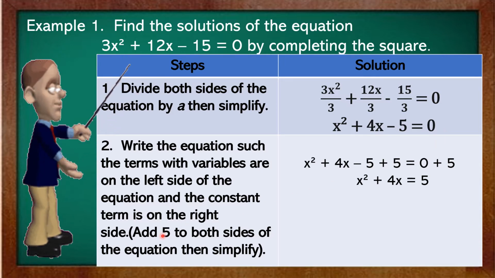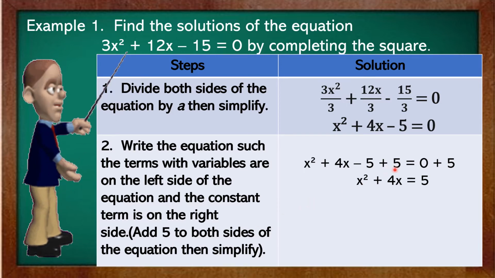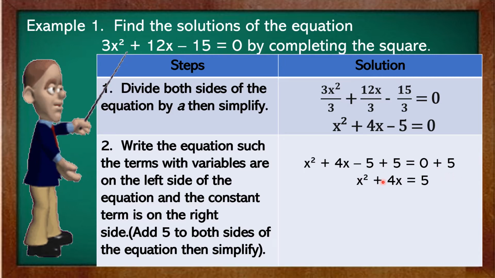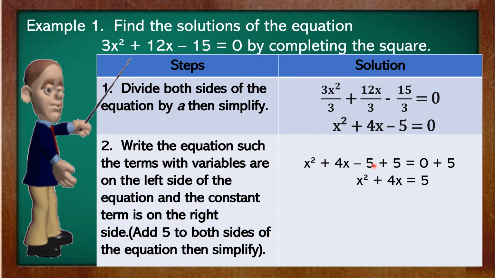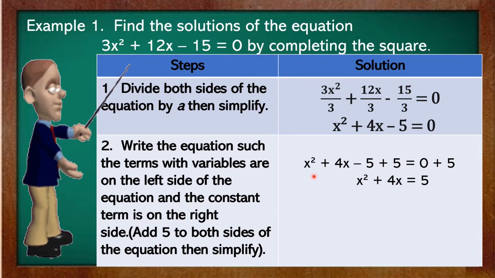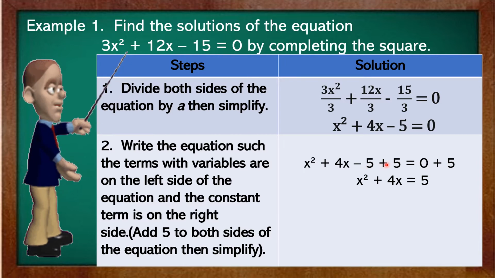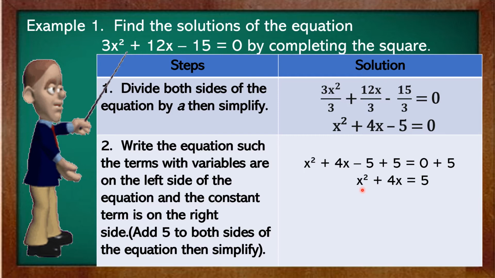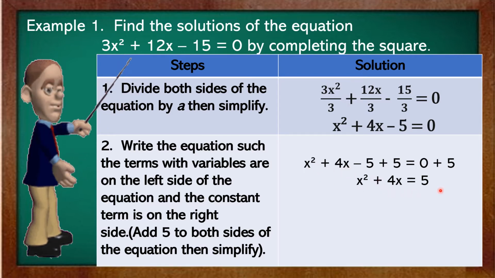So we are going to add 5 to both sides to eliminate the constant on the left side. So it becomes x squared plus 4x minus 5 plus 5 equals 0 plus 5. So the result is x squared plus 4x is equal to 5.